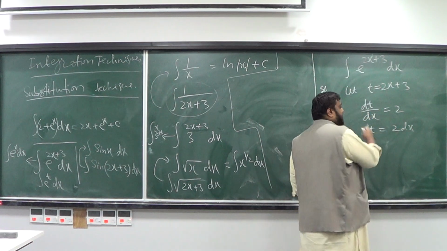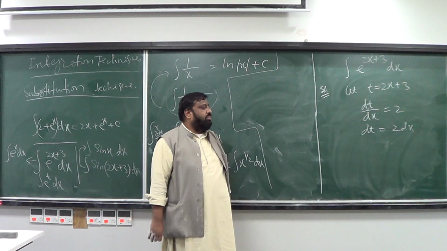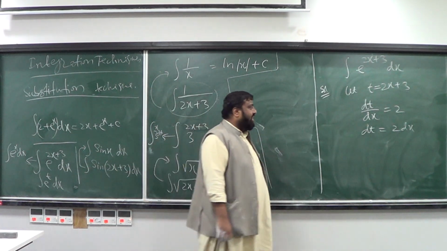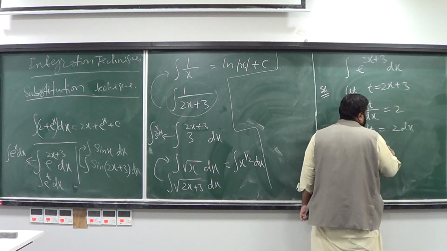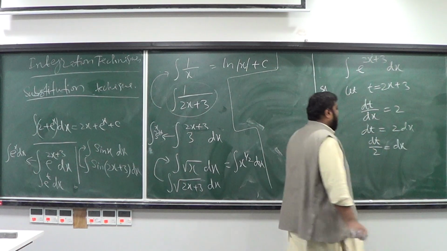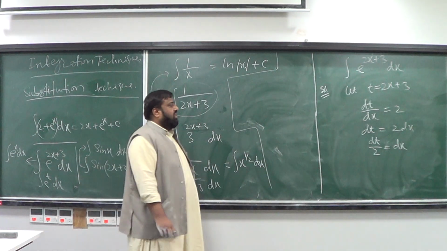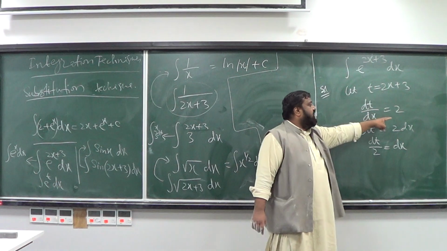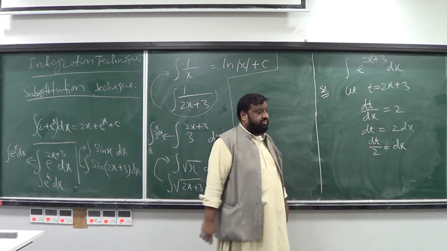Though this is a bit misleading way of writing, for the sake of computation it's okay. Or you can say that dt divided by 2 will become dx. If the ratio of dt by dx is 2, then dt by 2 is going to be dx.